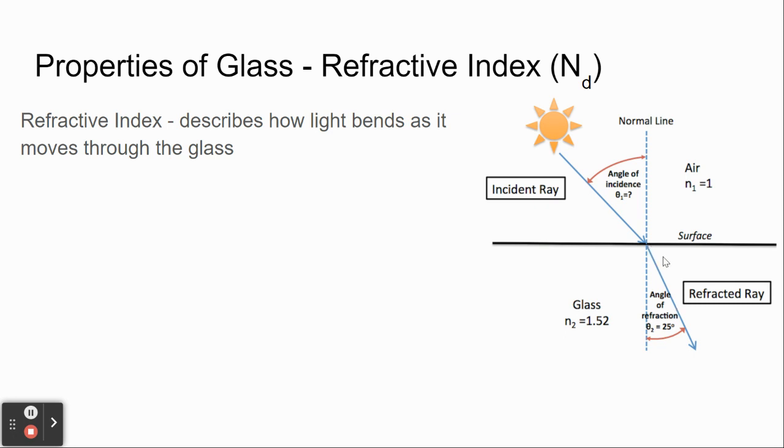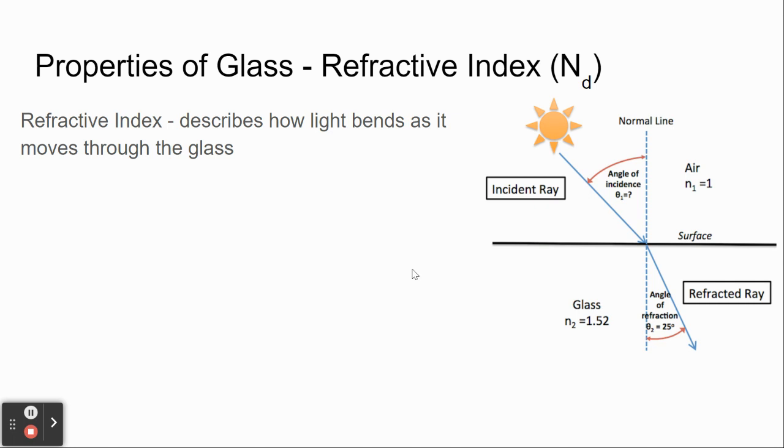Normally, if it were to go uninterrupted, it would continue in this type of direction, just a continuation of this line. But because of the way the light interacts and slows down, it causes the light to bend towards that normal line. So again, remember the normal line extends from the air through the medium at a 90-degree angle, and so it's going to bend towards that normal line.